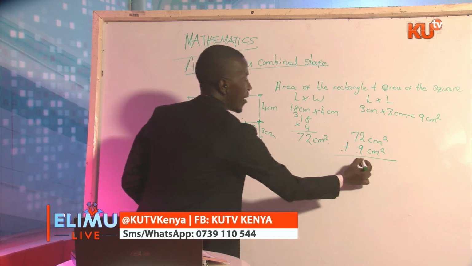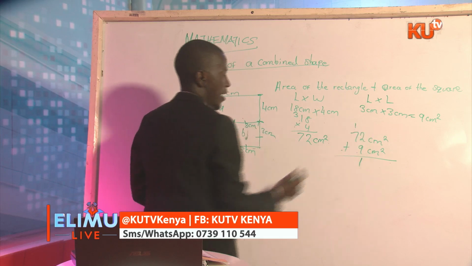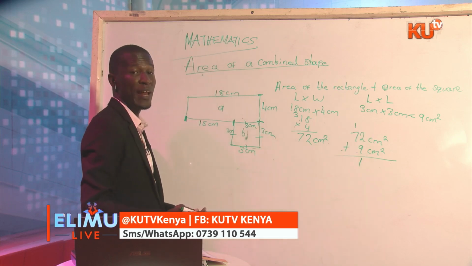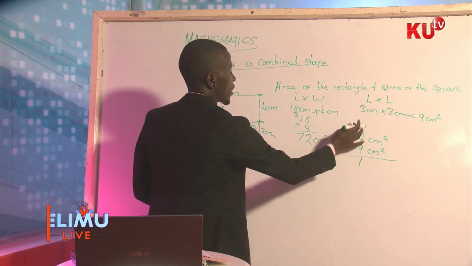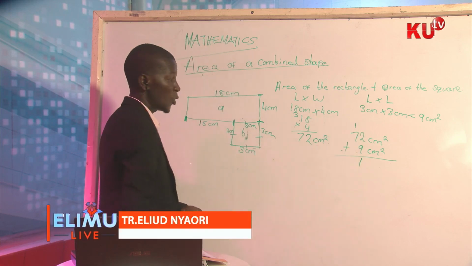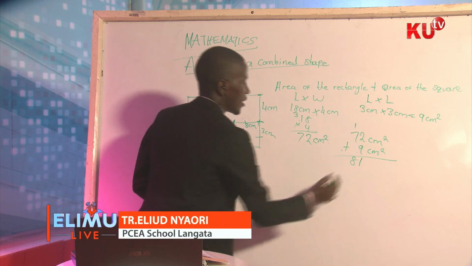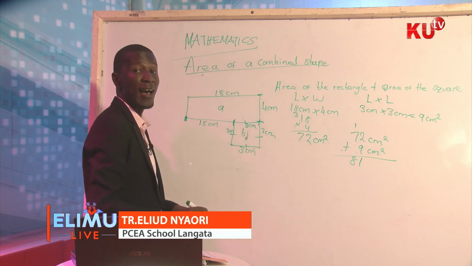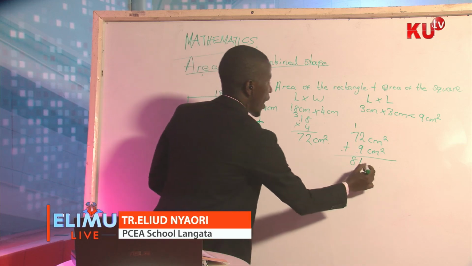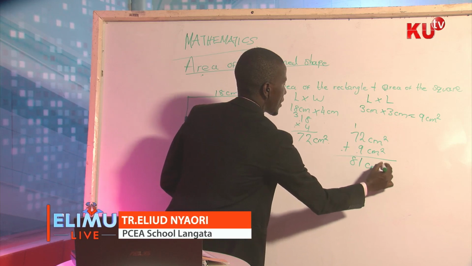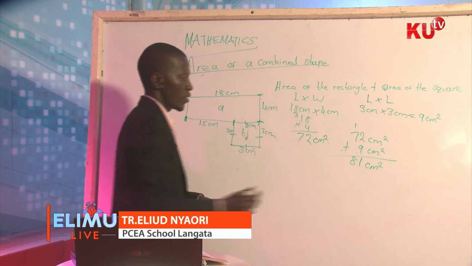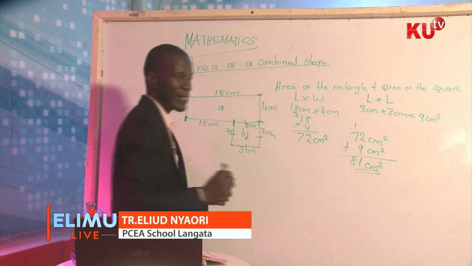So I'll write 1 and carry 1. What is 7 plus 1? 7 plus 1 is equal to 8. So what will be our answer? Our answer will be 81 centimeters squared. So that is our answer.